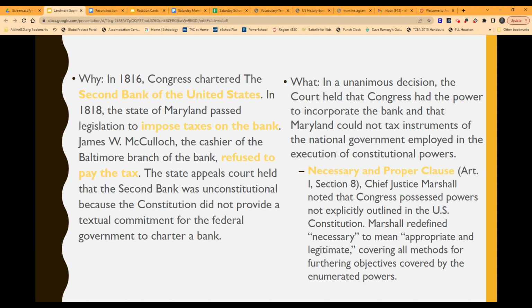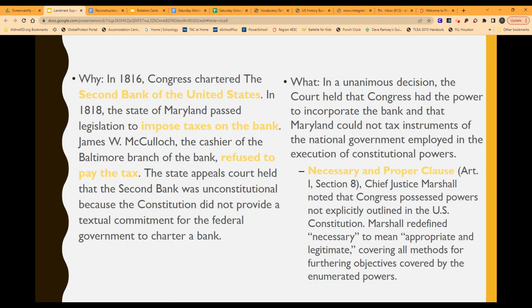The state appeals court held that the second bank was unconstitutional because the Constitution did not provide a textual commitment for the federal government to charter a bank. That goes back to that argument between Jefferson and Hamilton.